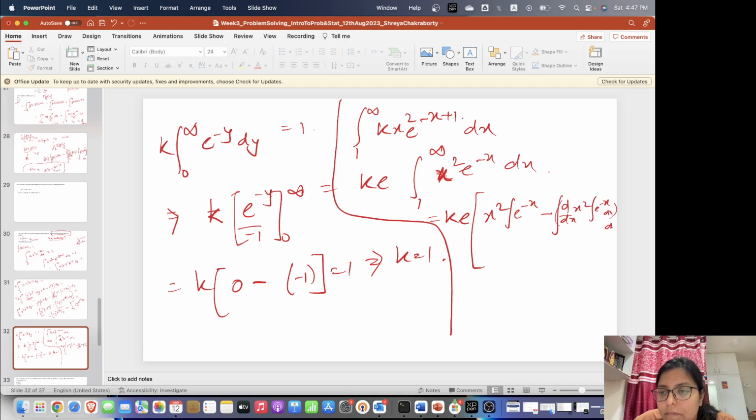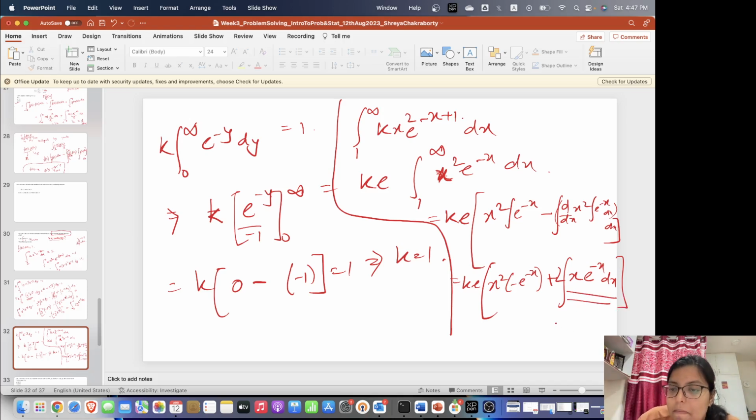Then we had ke times, the same thing: x square times the integration of e to the power minus x, minus the integral of the derivative of x square times the integration of e to the power minus x dx. So ke times x square times minus e to the power minus x, plus the integration of 2x e to the power minus x dx. Then again this part you have to do by parts again.